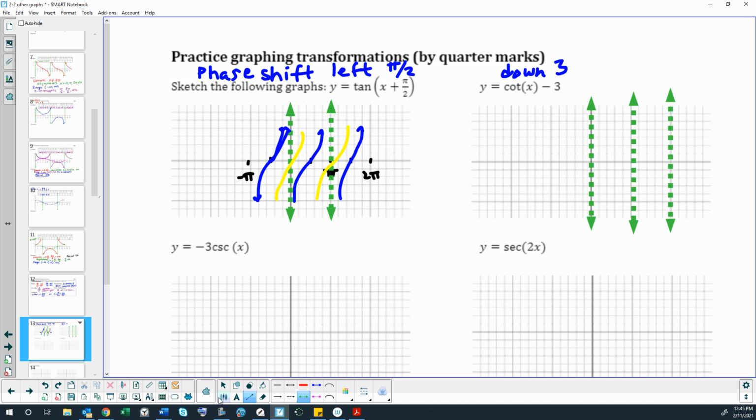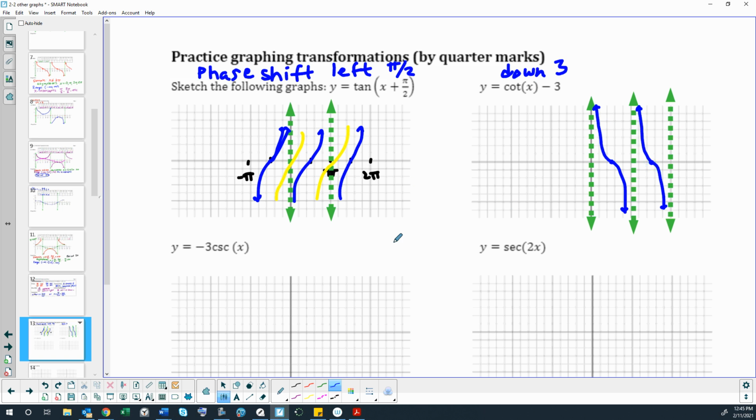And our cotangent graphs go the opposite direction. So we go through these middle points where the tangent normally has its asymptotes. And then they're going to be in reverse, almost like it's a negative tangent. In fact, honestly, a cotangent is a negative tangent that's been shifted. So, okay, here's our cotangent.